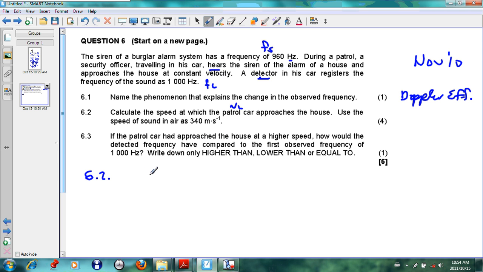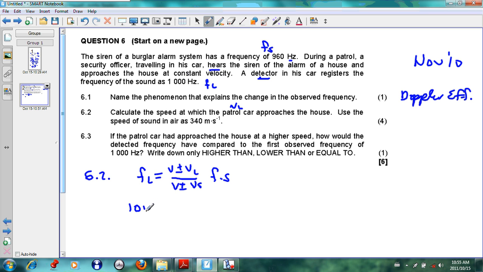So to begin, we must write the Doppler equation, which says fL is equal to (v plus or minus vL) over (v plus or minus vS) times fS. The frequency of the listener is 1000 Hertz.